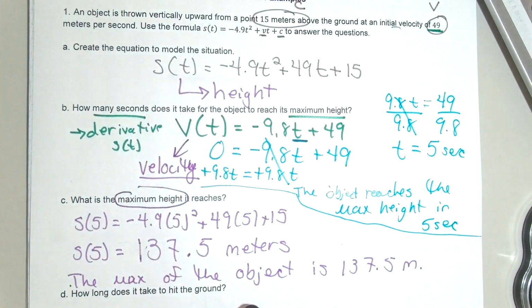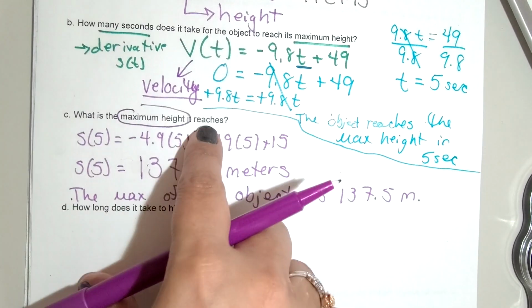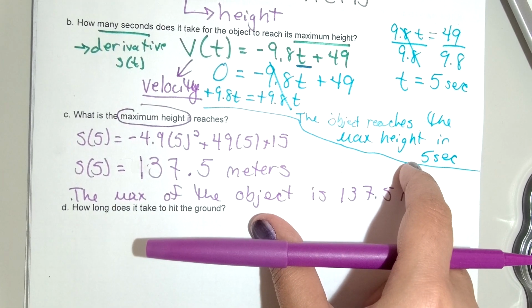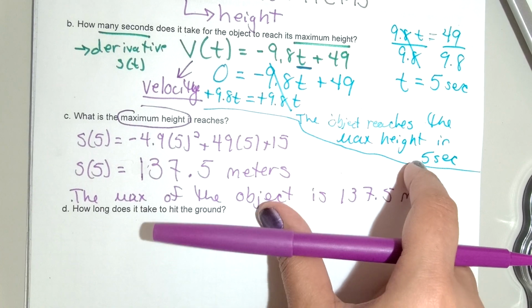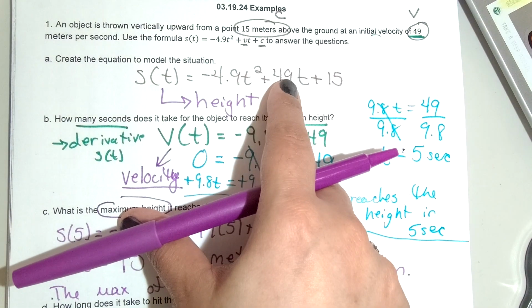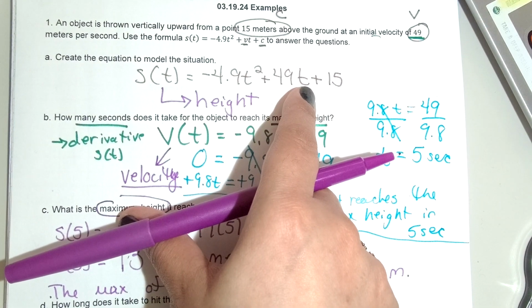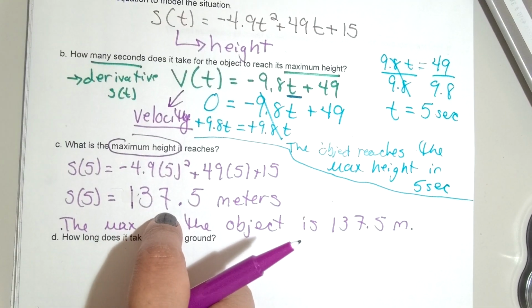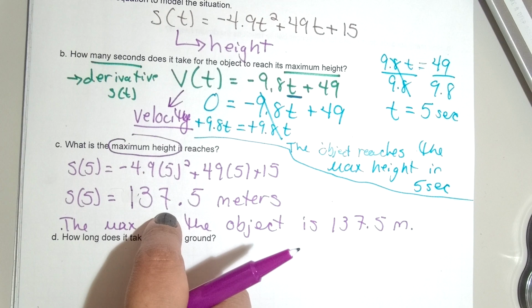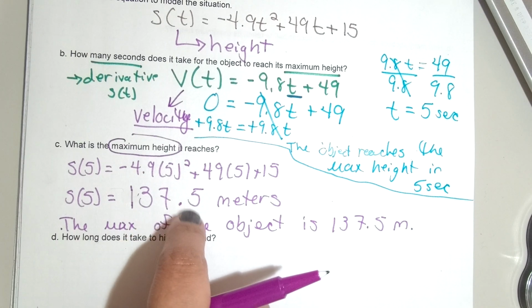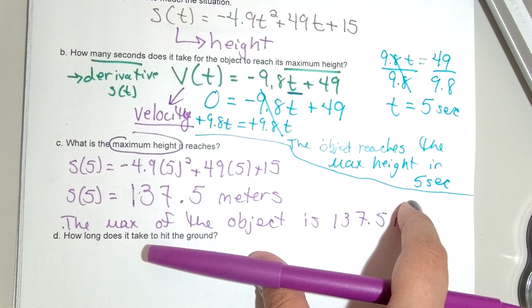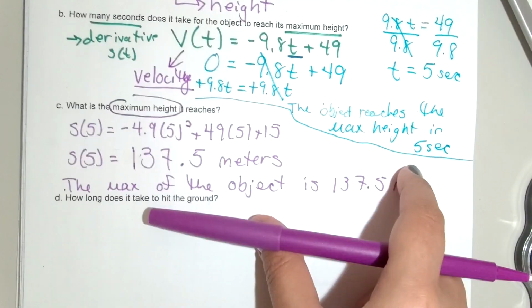Because I know that the maximum height is reached at 5 seconds, I substitute the 5 in for every variable. When you put that into your calculator, Julian got 137.5. So that is the maximum height the ball reaches in 5 seconds. Got it? Okay.